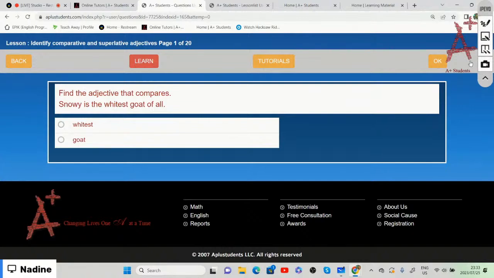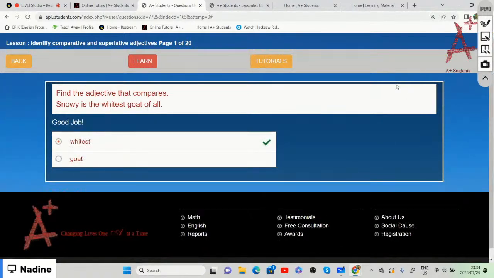All right, so if we choose the adjective within the sentence that compares, then we are going to say it is whitest, right? Which means that Snowy, the goat, is being compared to all the other goats, right? He is the whitest goat of all, right? So that is a superlative adjective.